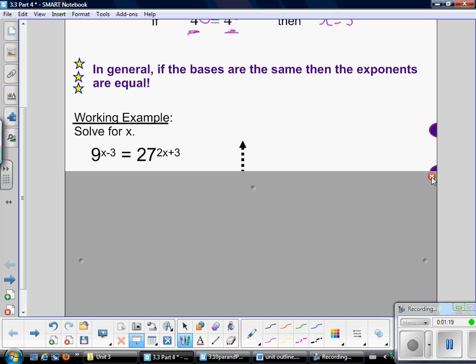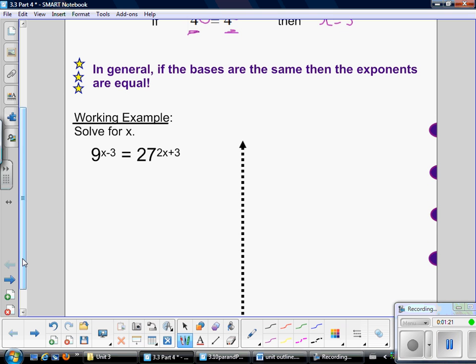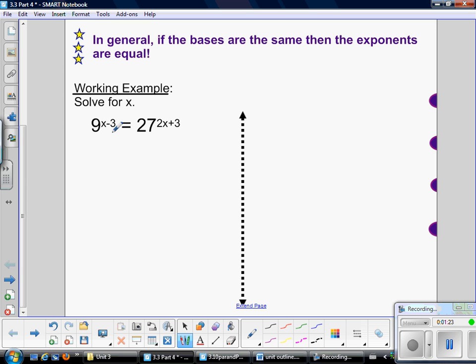So we're going to look at a worked example first of all. We have 9 to the power of x minus 3 equals 27 to the power of 2x plus 3. Well, first of all, my bases are not equal. We all agree on that. So the first thing I need to do is make the bases the same.